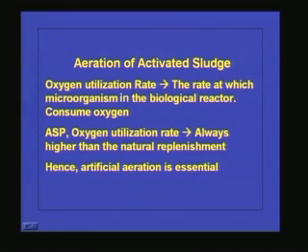Now, we have seen what the nutrient requirement is, what the sludge production is, what the loading rate required is, how much oxygen is required, and how we can separate the solids and liquid in an activated sludge process. Now we have to discuss how we can supply the oxygen required for the activated sludge process, because unless enough oxygen is supplied to the system, performance will come down drastically.